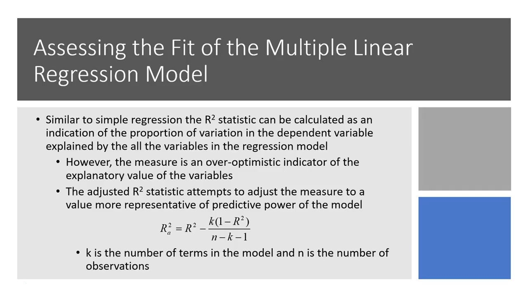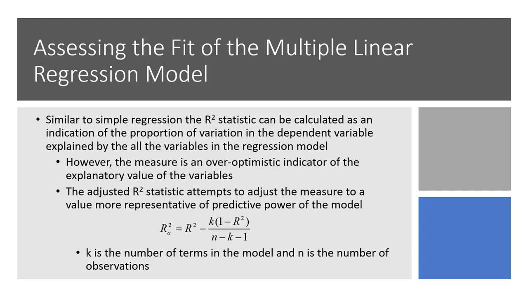And so when we were looking at simple linear regression, we were looking at lowercase r squared. Now with multiple linear regression, we're looking at capital R squared. And it's calculated to be an indication of the proportion of the variance in the dependent variable that's explained by the combination of the predictor variables that we have. But the catch is when you have multiple linear regression, the more predictors you add, intuitively, you should expect that you will have more of your variance explained.